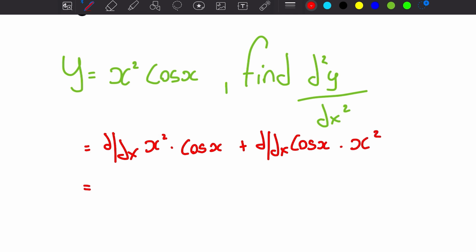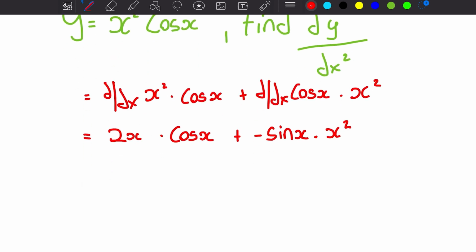The differential of x squared is 2x, so 2x times cos x plus the differential of cos x. So remember the differential of, wait, sorry, I got myself mixed up. The differential of cos x is equal to minus sine x times x squared.